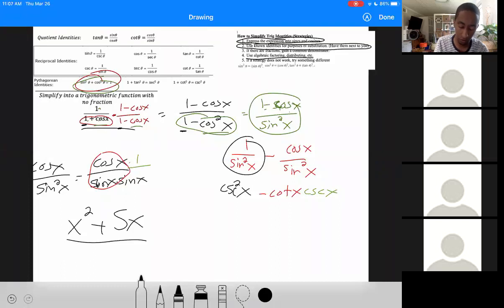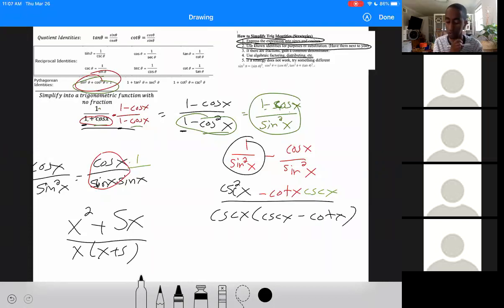Factor, yes. Like you would factor x out of this, right? And so similarly, out of this, we could factor what? Cosecant. Mm-hmm. So we take out cosecant of x, we'd be left with 1 over cosecant of x minus cotangent of x.